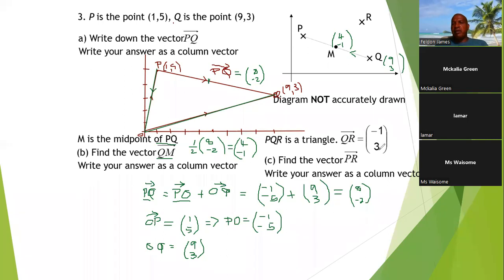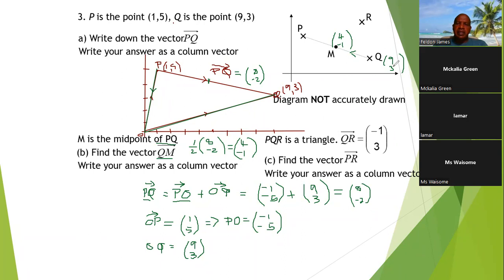Now, if you're going from Q to M, it means you're going in the opposite direction.